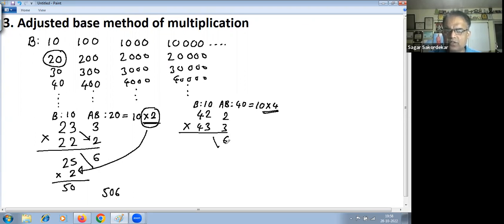The base has one 0, so one digit on the right hand side is correct. Cross addition, 42 plus 3 is 45. Perform the relation on the left hand side, into 4. 4 5s are 20, so 0 carry 2. 4 4s are 16 plus 2, 18. Join, and that gives you the answer 1806.